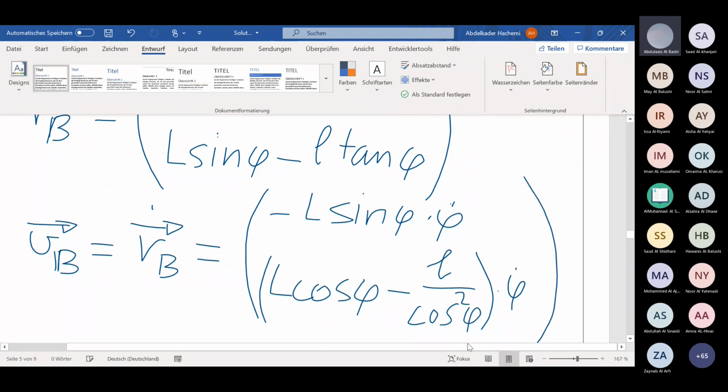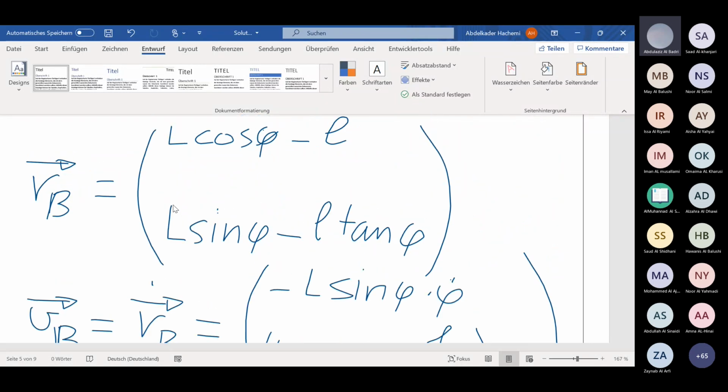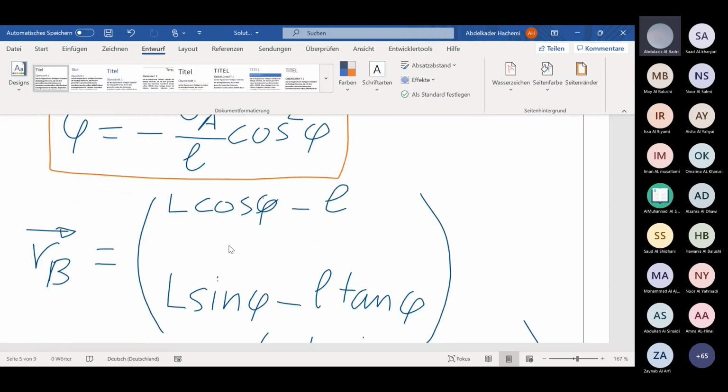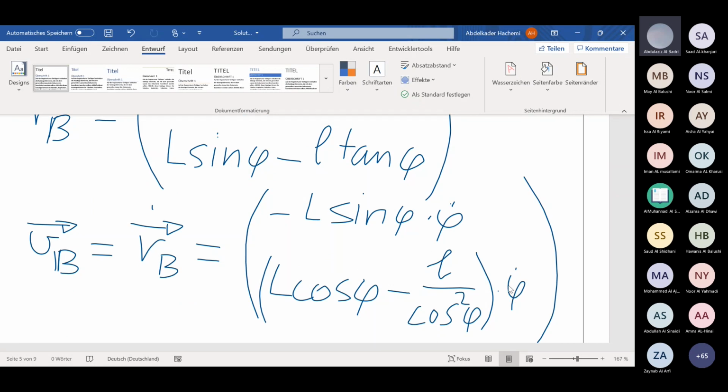This is the first component and this is the second component of the time derivative of the vector position of B. Then we replace phi dot by its value.